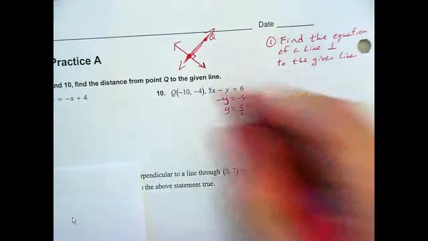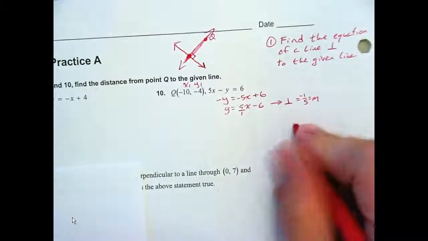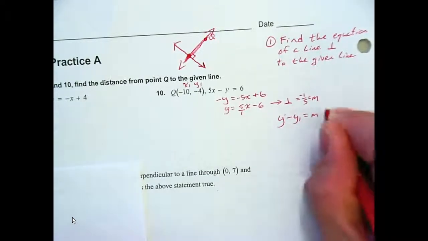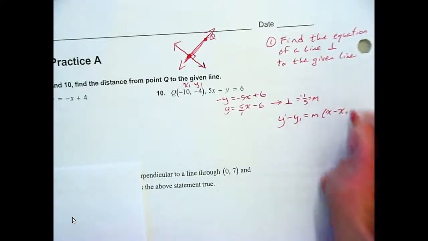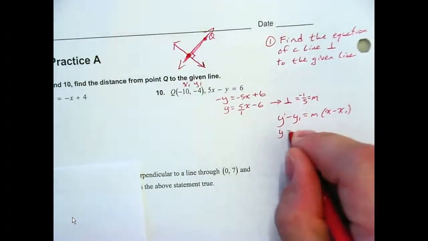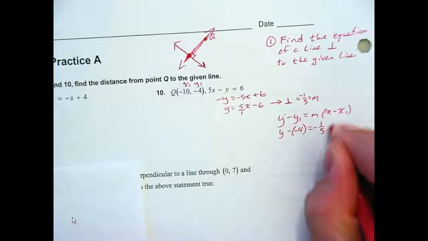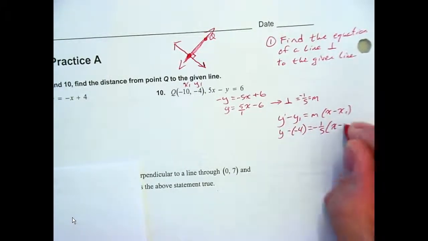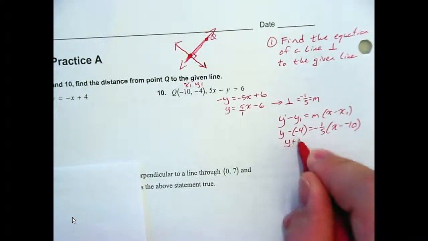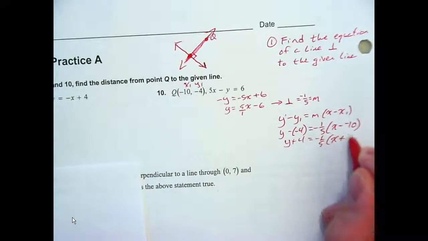Okay, let's use that and a point. If we call this x1, y1, we'll use y minus y1 equals m times x minus x1. So y minus negative 4 equals negative 1/5 times x minus negative 10. Two negatives make a positive, so we get y plus 4 equals negative 1/5 times x plus 10.